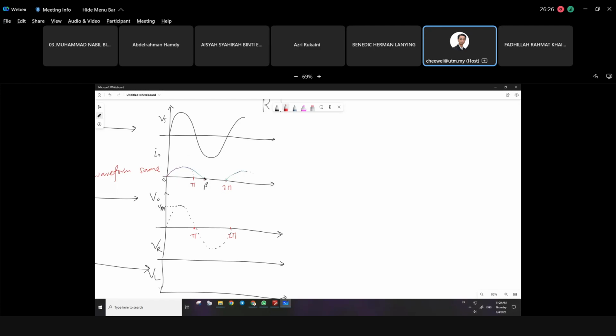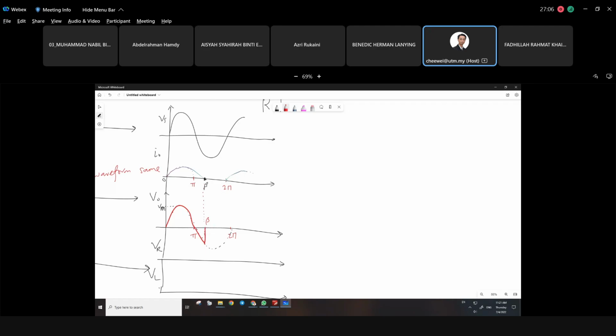Okay, how's the waveform? We start from 0. Do we stop at pi or do we go further? The current is still flowing, right? After pi to beta, the waveform continues until beta. So when you reach beta, because the current is already 0, there's no more output voltage. So it will stop here. So we complete the line.